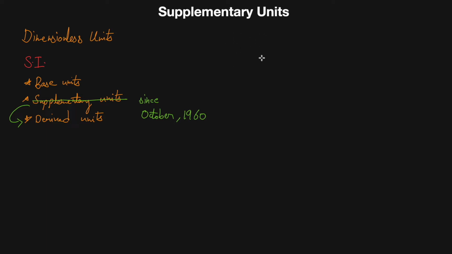Where do I write? I think I write it here. Dimensionless units, because they don't have any physical dimension.